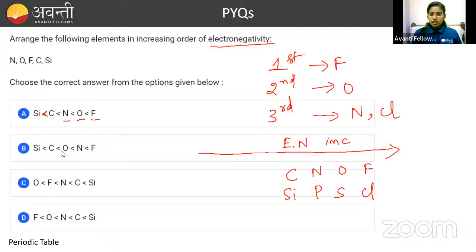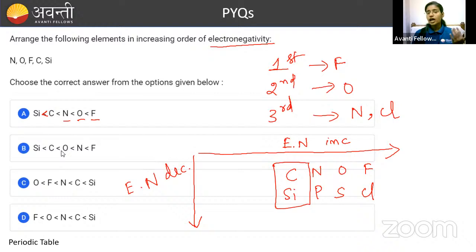On moving down the group, electronegativity decreases. So if I compare carbon and silicon, carbon will obviously have the highest value, because it decreases down the group. Silicon will have the least value. That's why the electronegativity of silicon is very less compared to carbon.